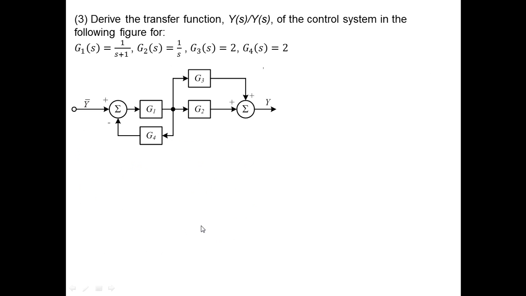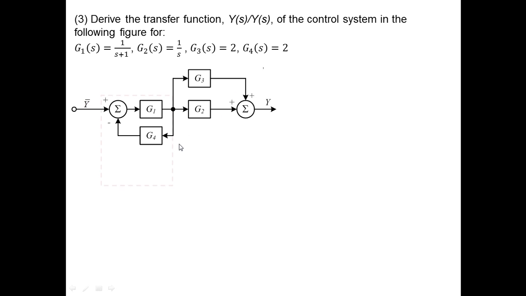In the third problem, we are looking for a simplified transfer function between output and input. As shown here, we have the block diagram. We would like to simplify this block diagram. If you look at it, we have a negative feedback loop and we have two feed-forward routes.